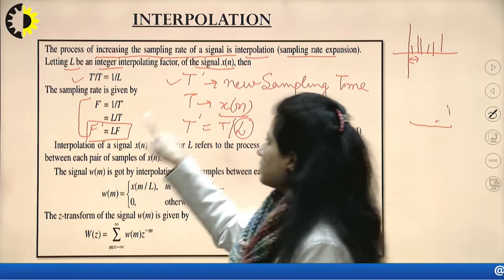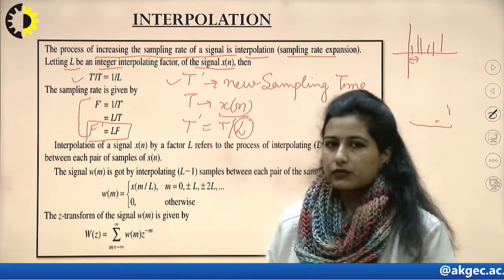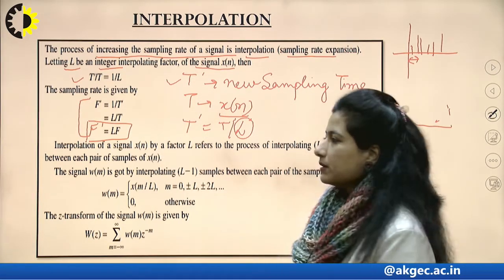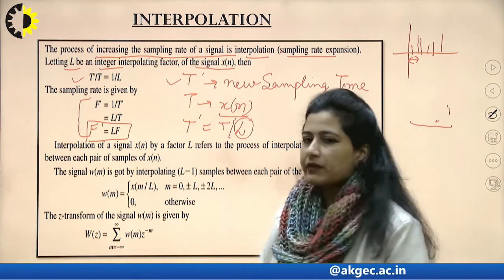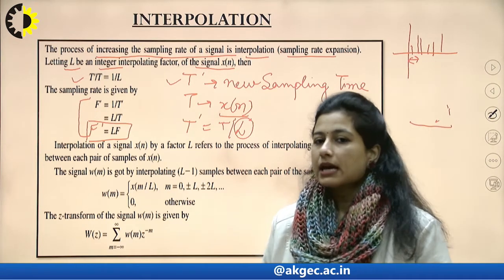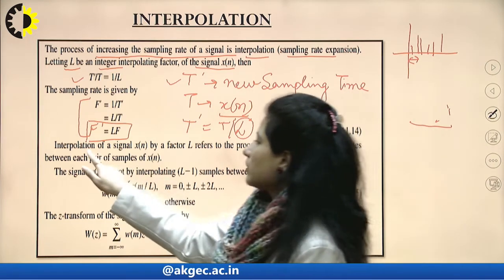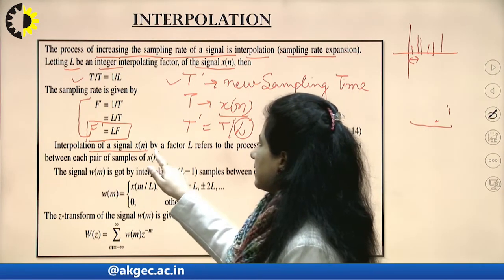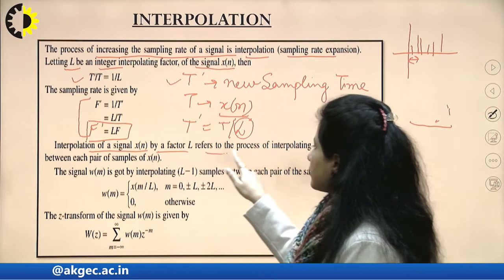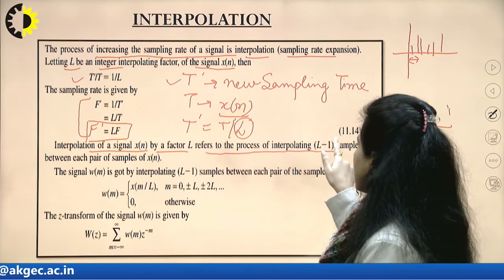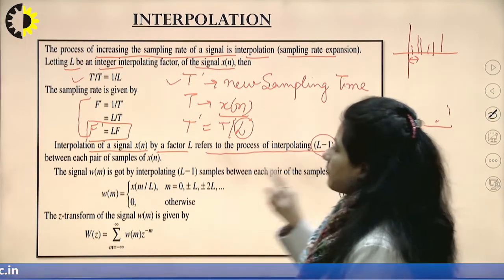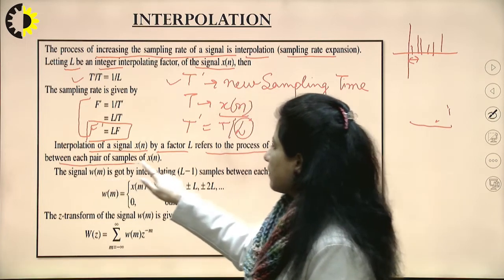So when we talk about the time period, we are decreasing the sampling time period, the distance between two samples. When we talk about the frequency, we are increasing the frequency of the given signal. Interpolation of the signal x[n] by the factor L refers to the process of interpolating L minus 1 samples between each pair of samples.